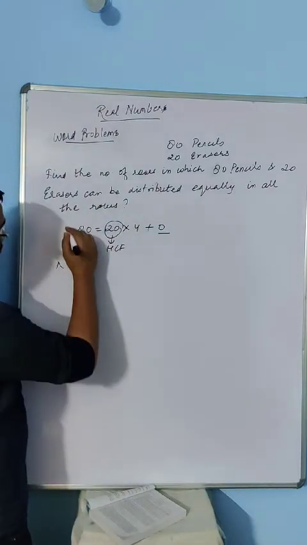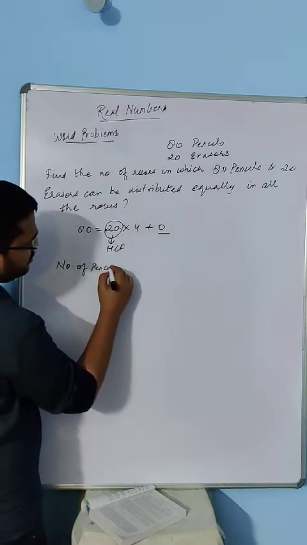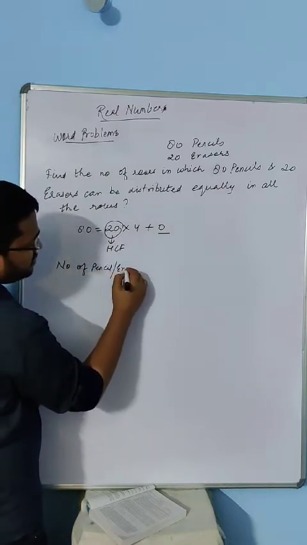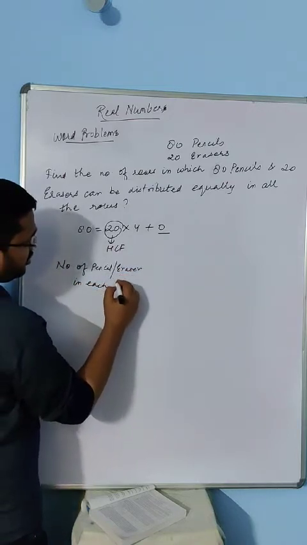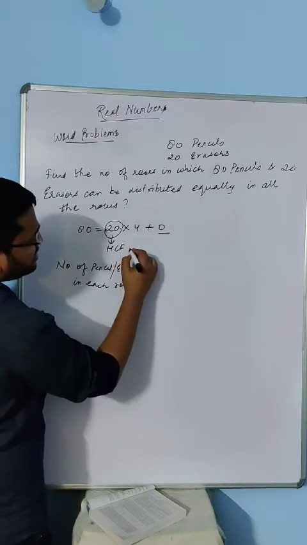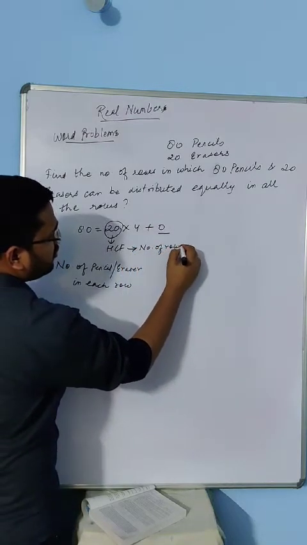Now, the number of pencils or erasers in each row, and what does this HCF give? It gives the number of rows.